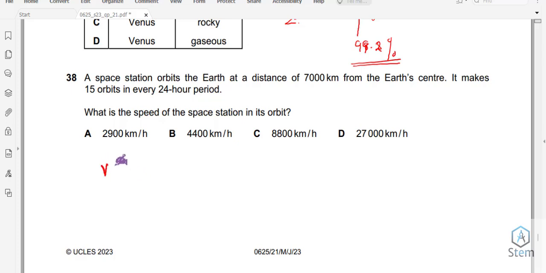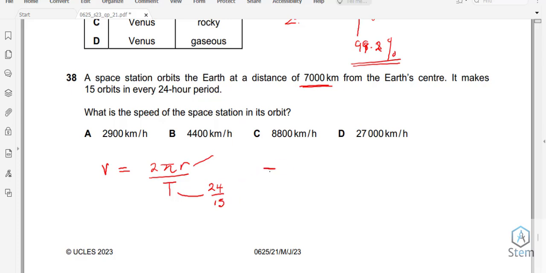So, we know the orbital speed is equal to 2 pi r divided by period. Now, the r in this formula is the orbital radius. That is the 7,000 kilometers given here. And T is the period of orbit. That is the time it takes this space station to complete one orbit, and that is 24 divided by 15.